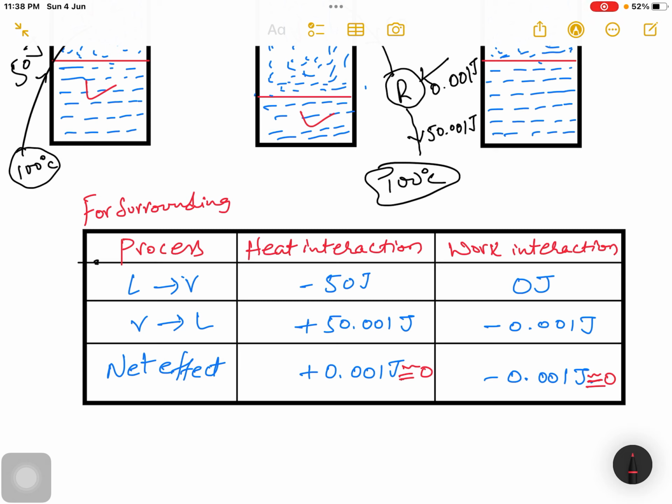In general, for calculation purpose, phase change process can be considered as internally reversible process. I am regaining my initial state from initial state again from liquid to vapor.